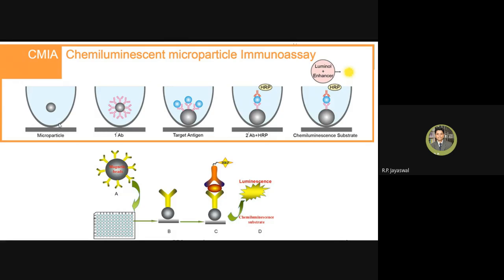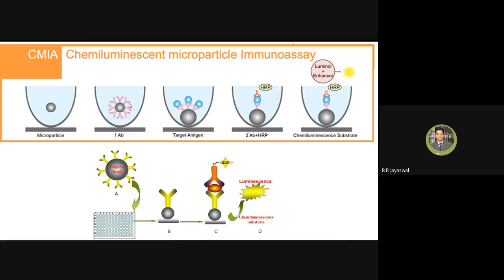First of all, we can see this is the microplate. This is the well which contains microparticles. Now the primary antibodies are attached to the microparticle.